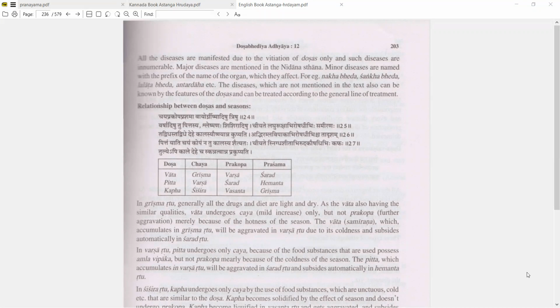All the diseases are manifested due to vitiation of doshas only, and such diseases are innumerable. Major diseases are mentioned in the Nidana Sthana.